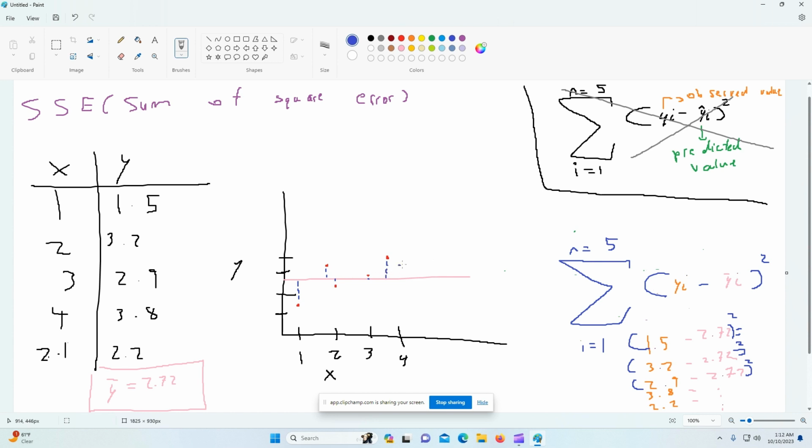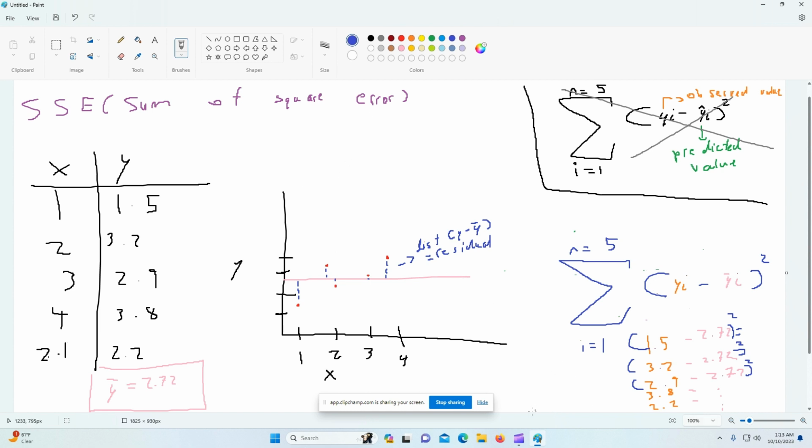So that is the distance between the y, the observed value, and the mean. That's going to be a residual. Call it whatever you want, error, residual, whatever.